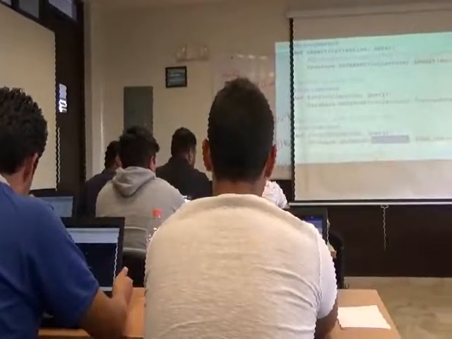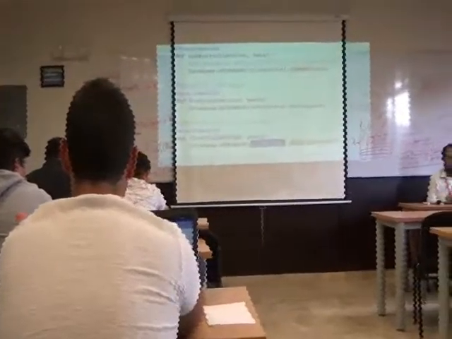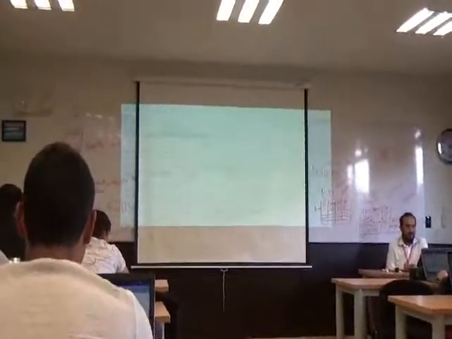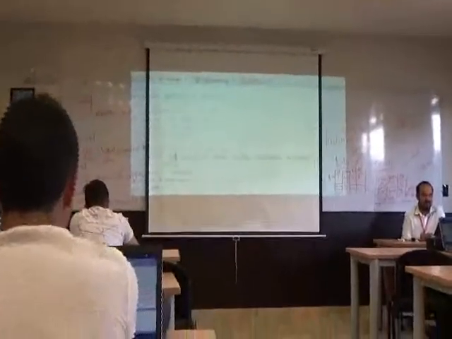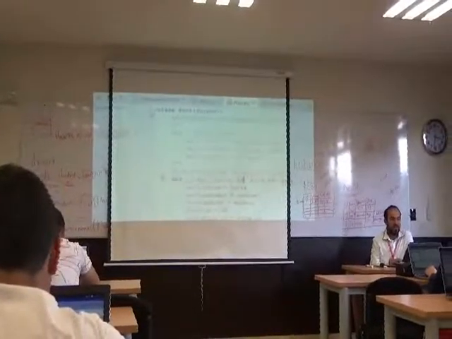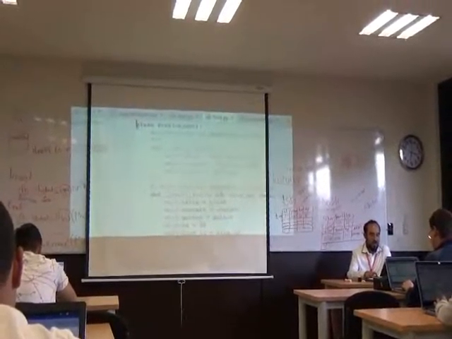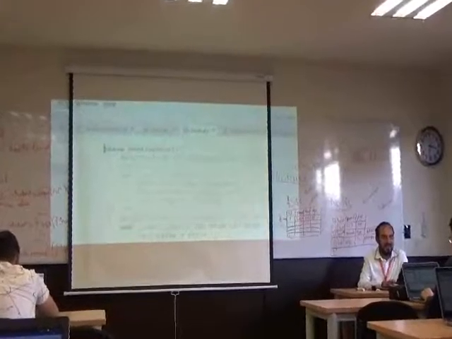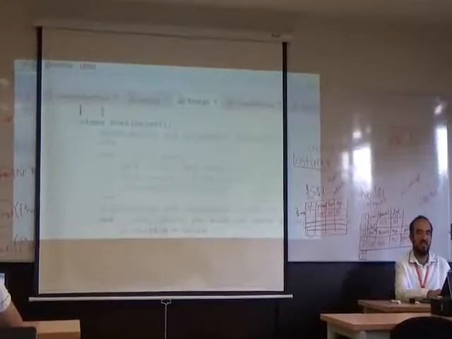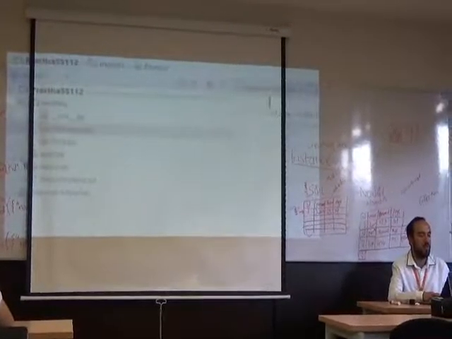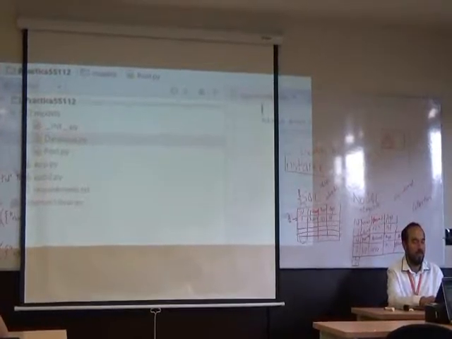Okay, so I will go back to my class post and I have to import the class database. How do I import the class database? Can you tell me how? Do you remember? From database import.